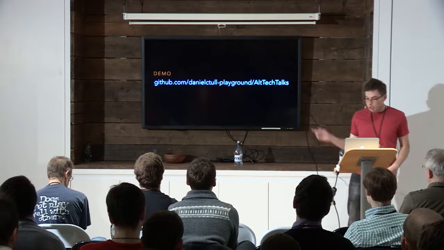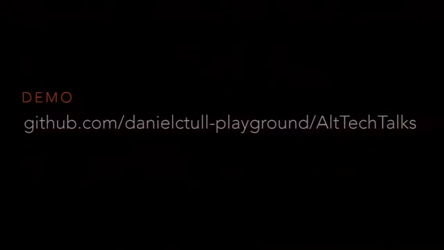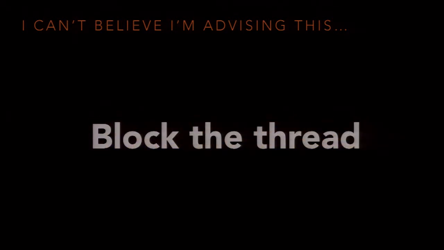So you can find the demo application there. There are a few takeaways with this. First off, and I can't believe I'm about to say this, when you're writing a parser, you want to block the thread, right? It's the thing we never ever do.